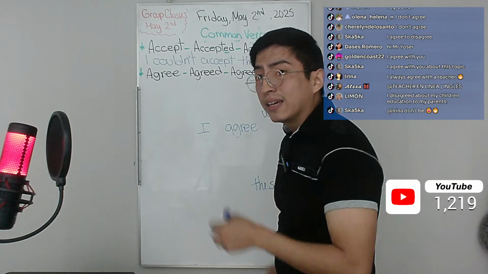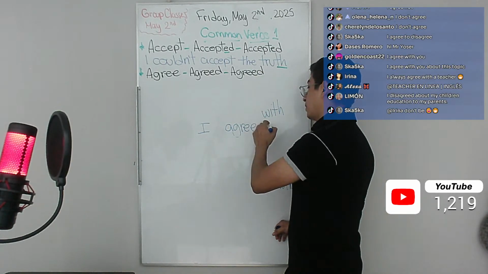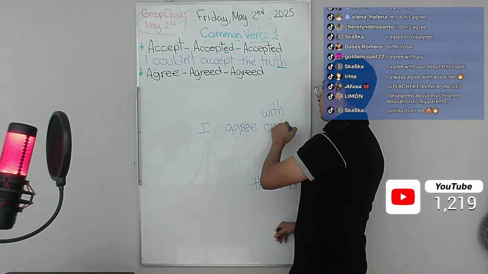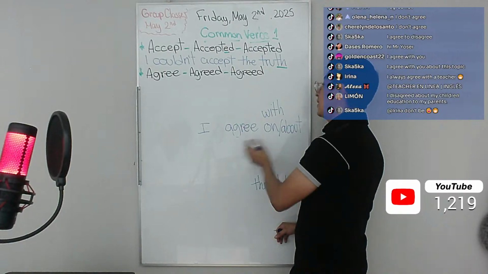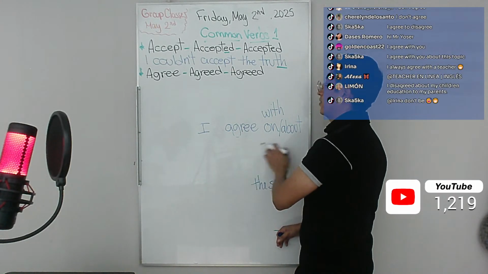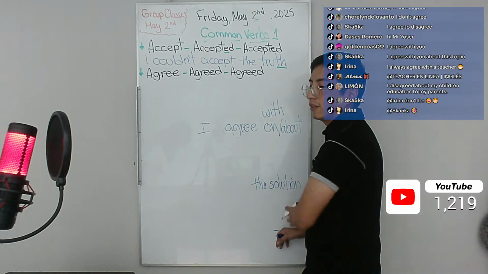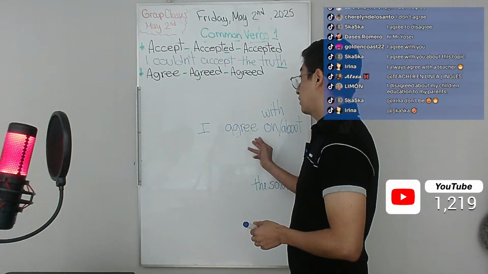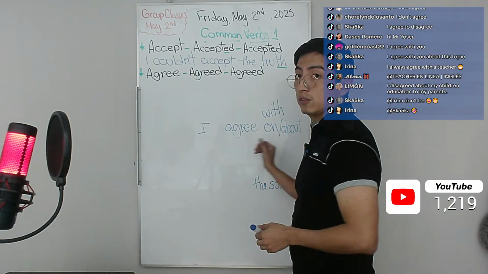Well, in that case, we have another preposition. We have on, or we have here about. I agree on the new solution. I agree about the new solution. Okay, so we have, in this case, two ways to use this.